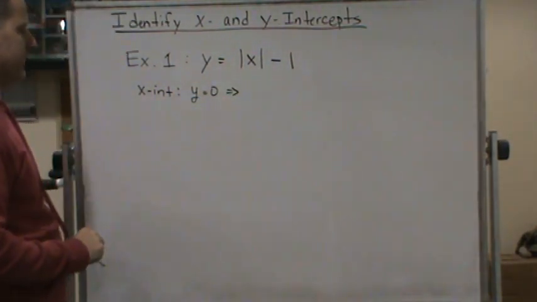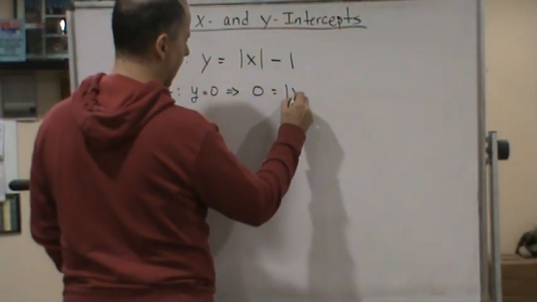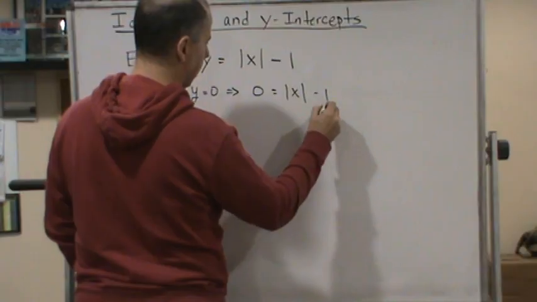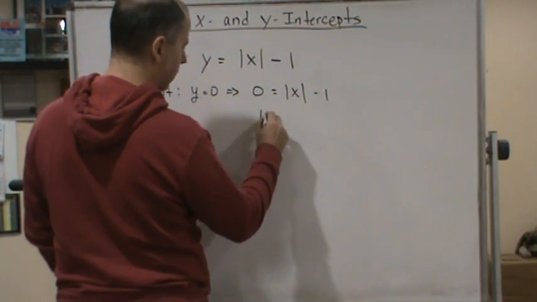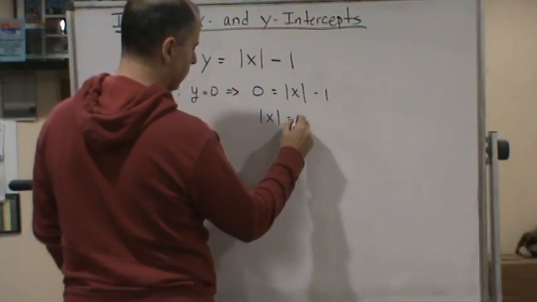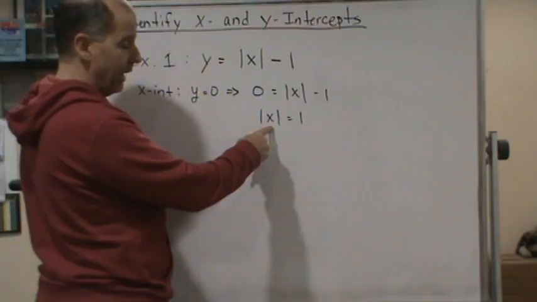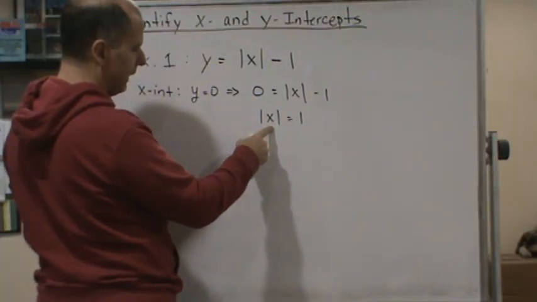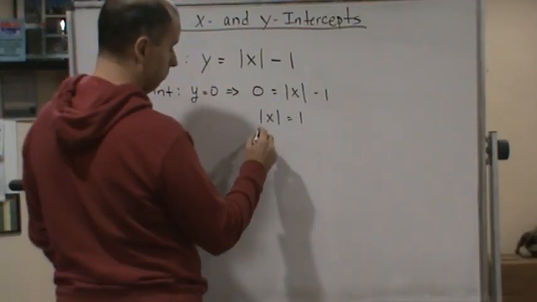Okay, so if we set y equal to 0, we get 0 equals the absolute value of x minus 1. And so if we solve for the absolute value of x, we get the absolute value of x is equal to 1. And that means, based on the definition of absolute value, that x could either be 1 or negative 1, right?